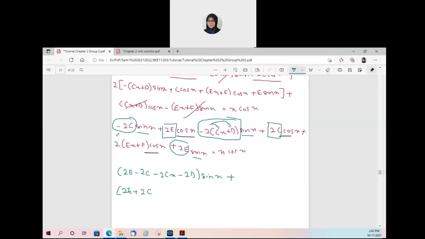And then plus this one, which you expand: plus 2ex plus 2f, cos x, equals x cos x. Okay?